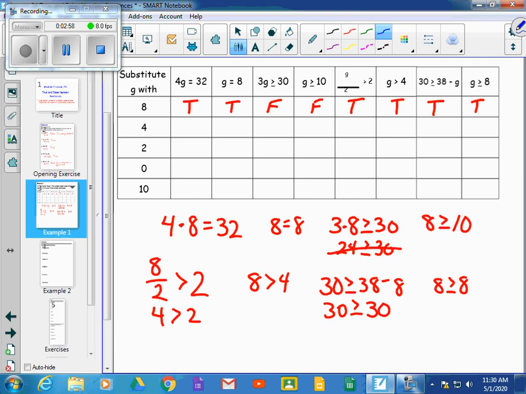Now for 4 with G, all of these statements are going to be false. When you substitute 2 in for G, all of these statements are also false.